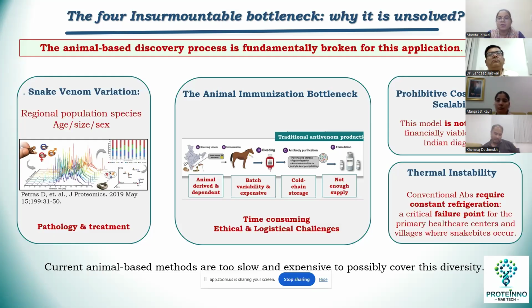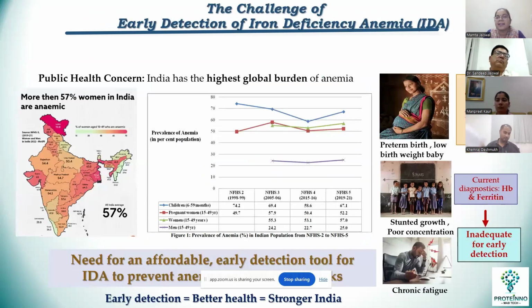The other focus we have in our company is early detection of iron deficiency anemia. In hospital, first of all, the doctor does the hemoglobin test or ferritin test, but these are very late.